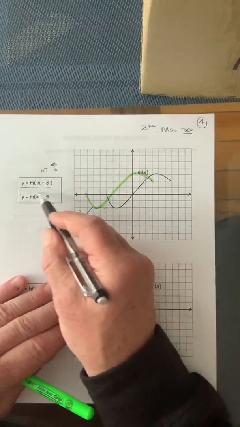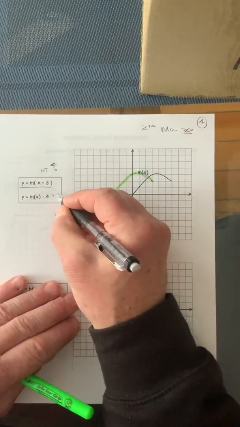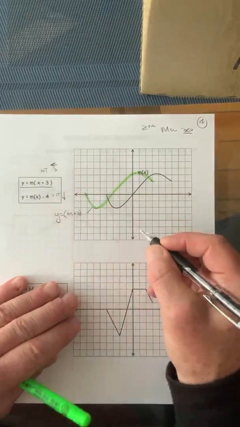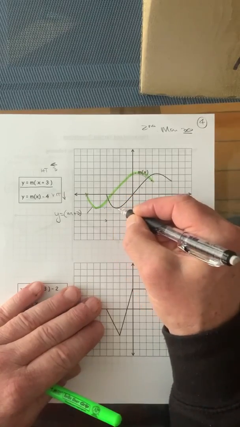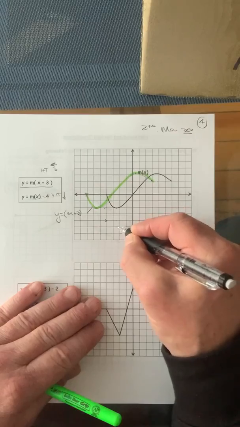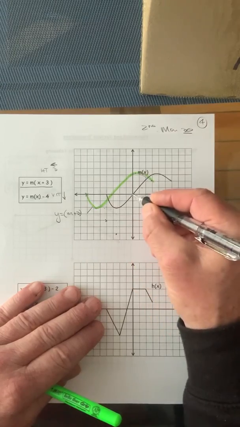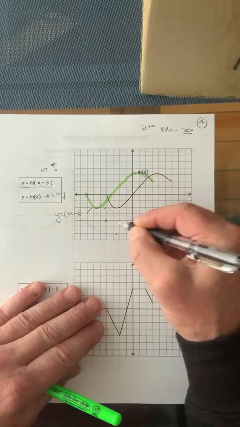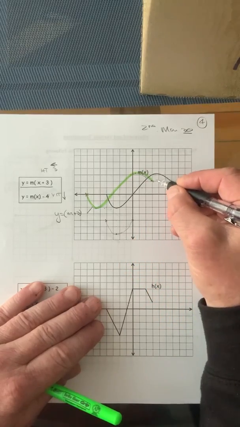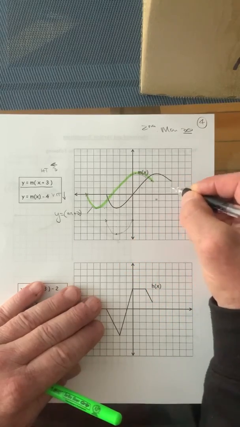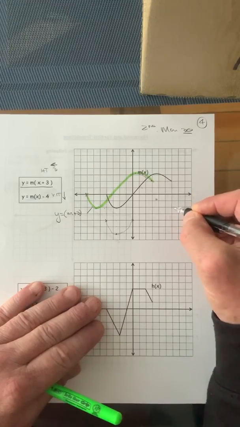The next one, it's outside the bracket, so that's a vertical translation, down 4. 1, 2, 3, 4, just below it. 1, 2, 3, 4. So I would get something like this. 1, 2, 3, and 4.